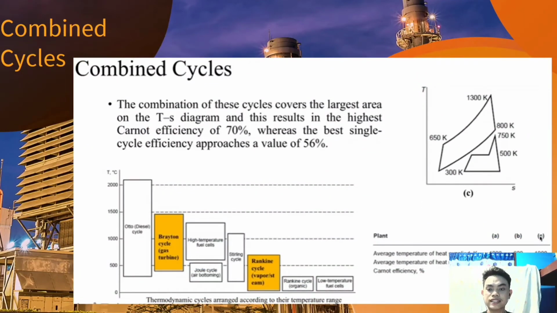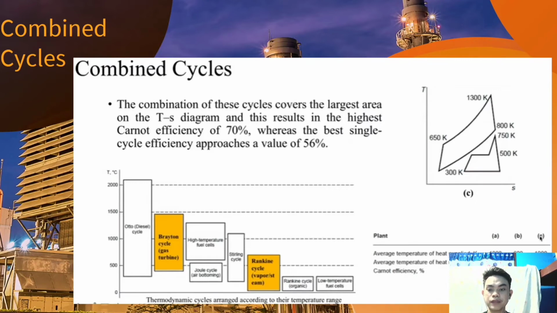Now, both of these cycles can be combined together, and the reason for that is that when we look at these two cycles separately, they operate at certain temperatures. So the gas turbine power plant is usually the topping cycle, because it operates at a higher temperature.